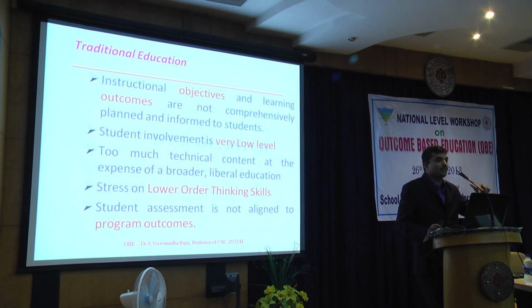Once you complete this course, what you are going to get, that also we have to say. Otherwise, no use of that. When I interacted with several students and asked what the objectives of data structure are, they are unable to express. Because we should follow that first. Then automatically they can also answer.